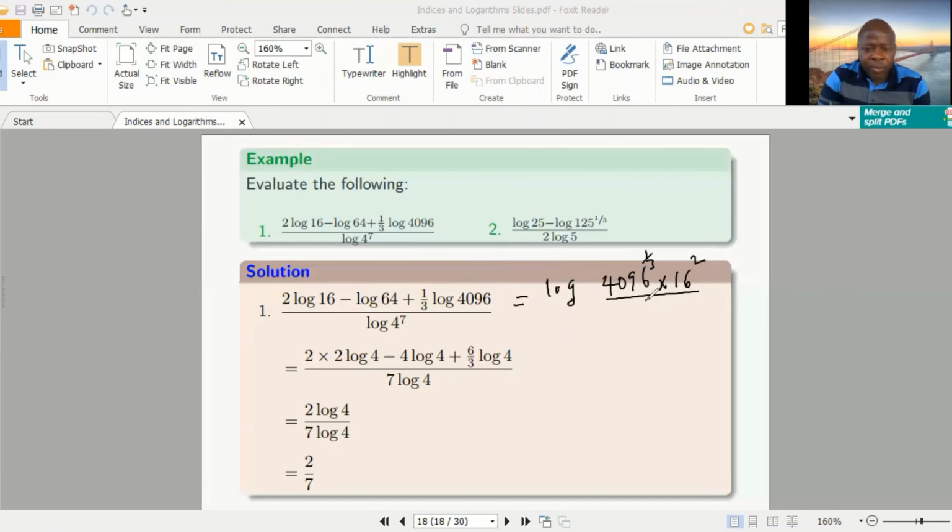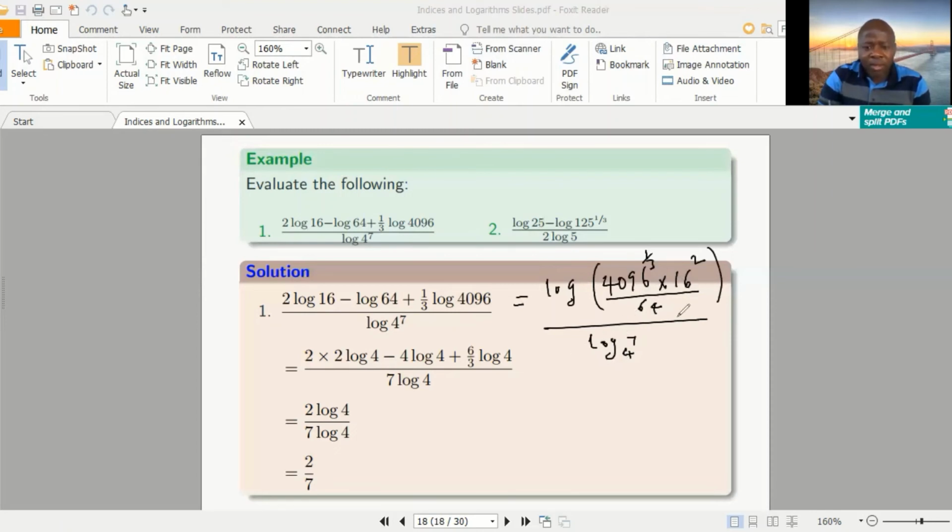This is what I wanted to say, that this is our numerator. And then the denominator is log of 4 raised to 7. The base is still 10.